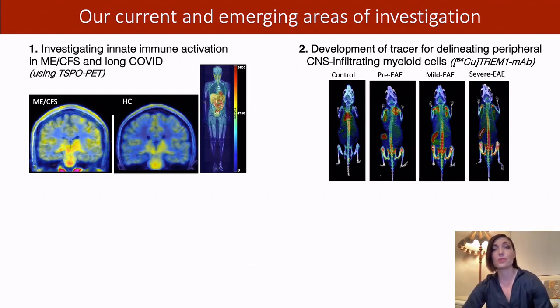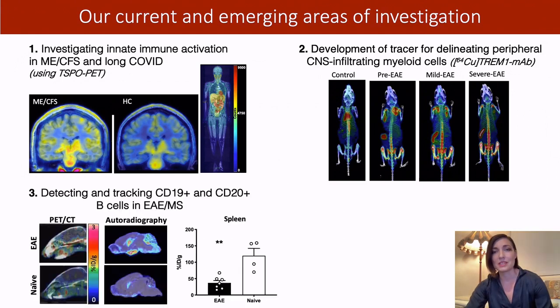And we made a PET tracer for it, and here are some example images of what we've been doing in the realm of imaging innate immune activation for multiple sclerosis. I won't have time to go into this today, but it is a fascinating project that I'd love to talk more about if anyone is interested.